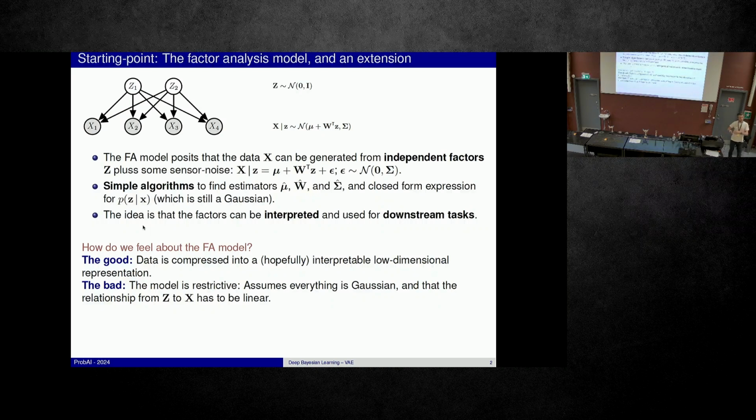With the standard setup, all the distributions are assumed to be Gaussian, and we assume that there is a linear relationship between the latent factors on top and our observations down here below. This also puts some limitations on what kind of data we can actually model with this type of model, but also what kind of expressive representations we can find from the data that we have at hand.